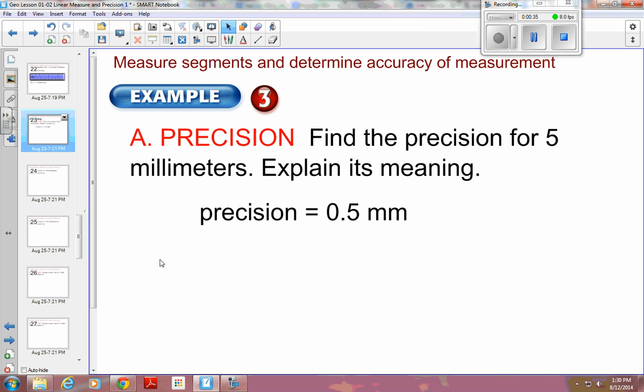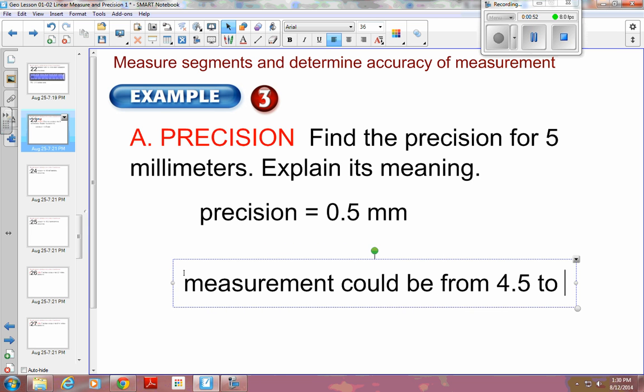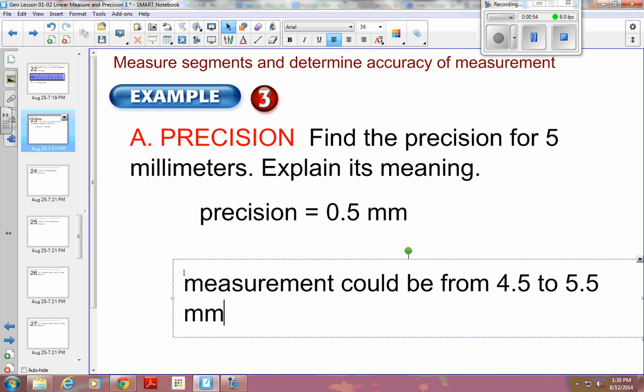What does it mean? That means that I can be 0.5 above this or 0.5 below this 5 and still be considered 5 millimeters. So that means my measurement could be from 4.5 to 5.5 millimeters, and I could still call it 5 millimeters.